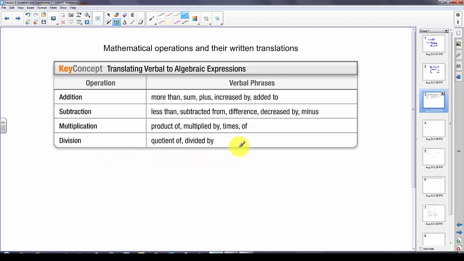Where I find a lot of people don't get the correlation is difference. People oftentimes have problems with that. Those are the most common. Most of the others are pretty self-explanatory. More than means adding, sum, etc.